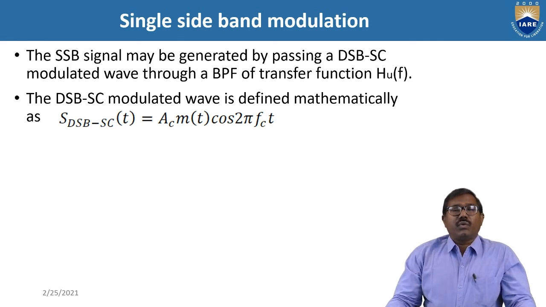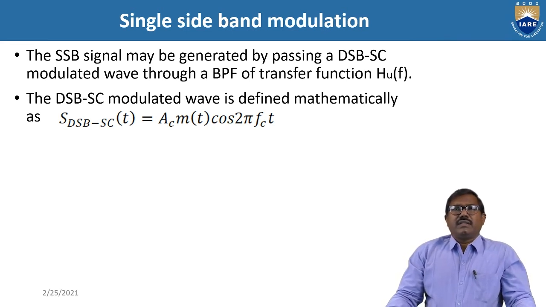Our aim is to send only one sideband and eliminate the other. So we send the DSB-SC wave through a bandpass filter, which stops one band and allows the other. That means only a single band comes out of the bandpass filter, so we can generate the SSB signal.